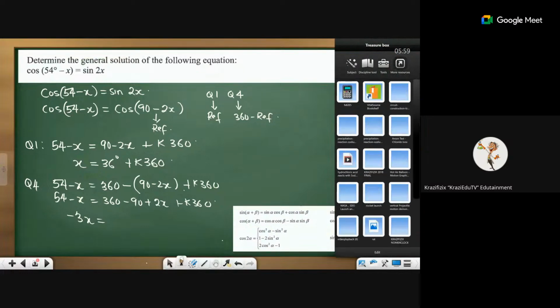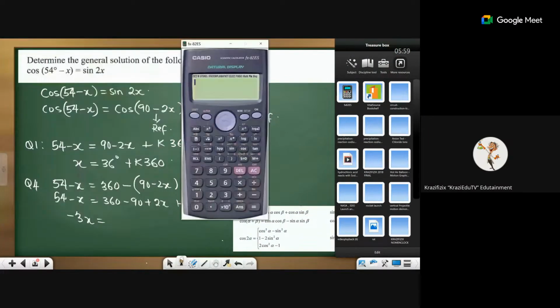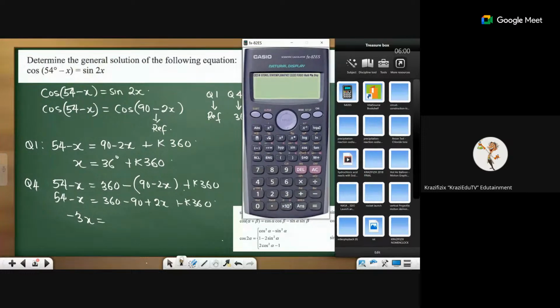Done with general solutions. Please keep practicing. I've done the different types that you should see. Minus 90 minus 54. What's the answer?